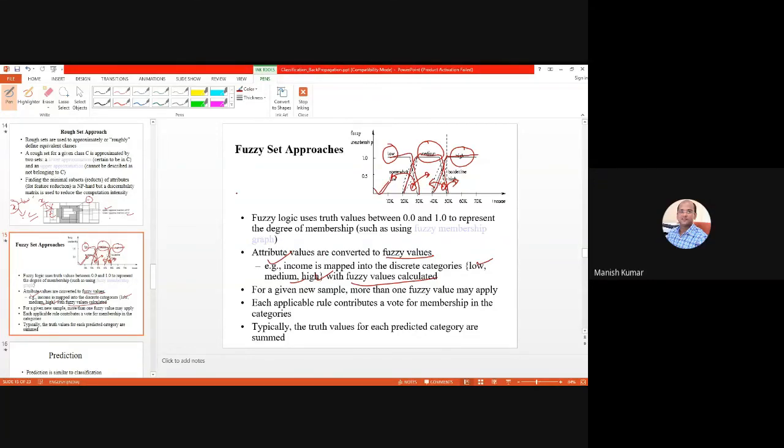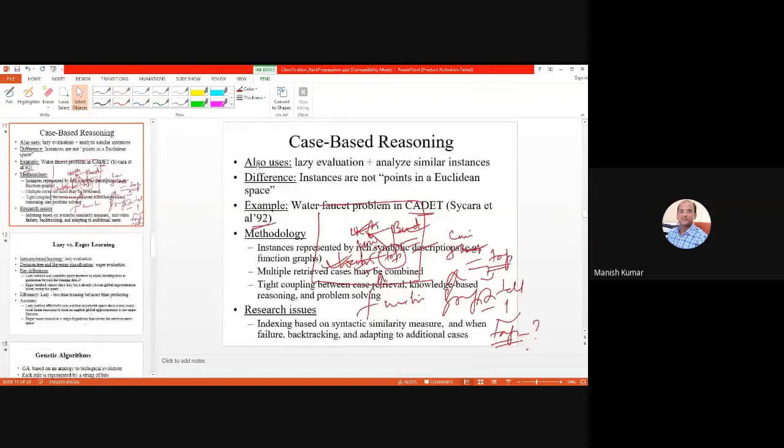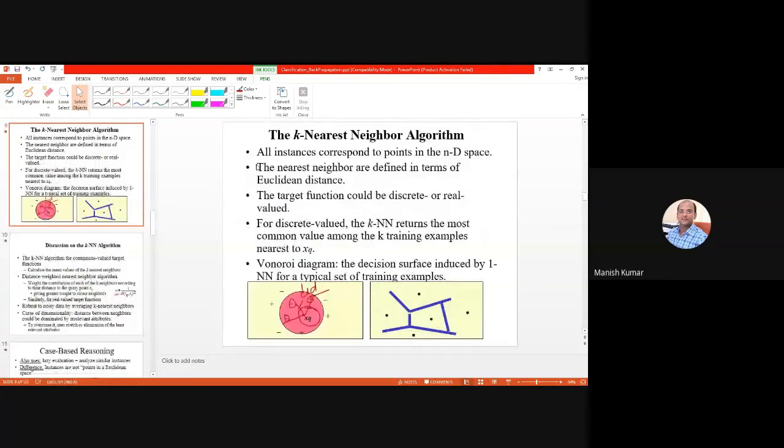The next set of algorithms will talk about predictions, which we'll cover in the next class. What we have done till now is the fuzzy set approach, then rough set, then case based, then KNN, and then back propagation.